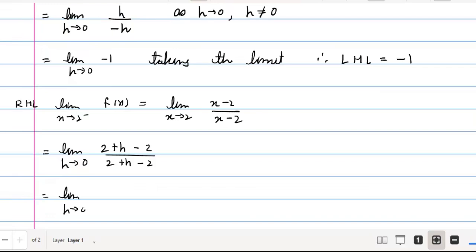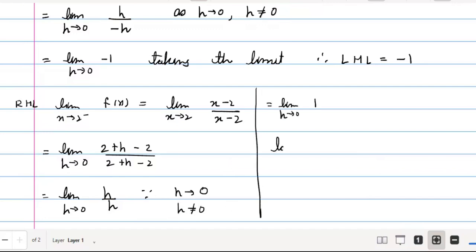So limit h tends to 0, you get h over h. Since h tends to 0, h is not equal to 0. Okay, I can continue this. I get limit h tends to 0 of 1.